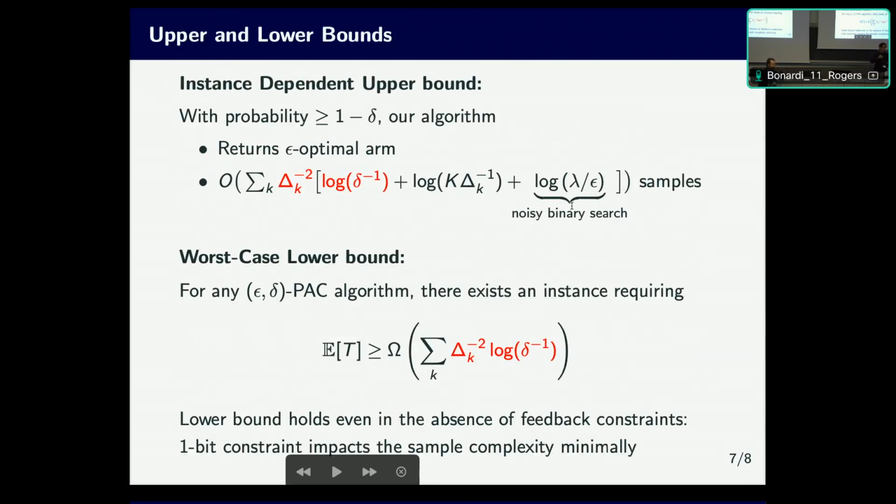If you restrict it to thresholding queries instead of any 1-bit feedback, then you can show that this is necessary by a straightforward argument: let's say you have n equals log over epsilon options, then you need log of this amount by a basic information theoretic argument. But for a very general 1-bit message, we haven't found a way to show that it's necessary.